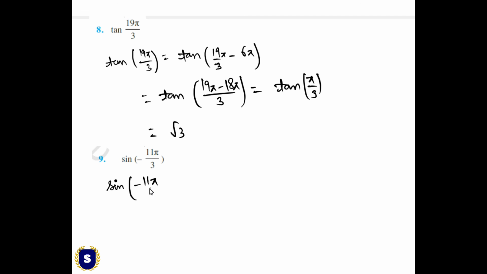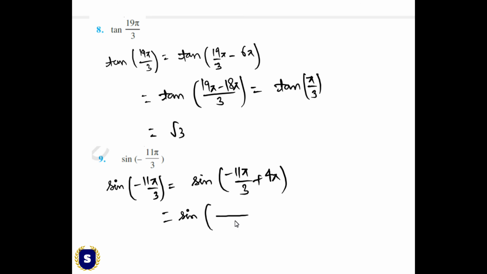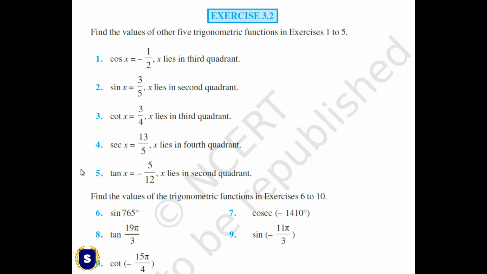Sine minus 11 pi by 3. So here I can add the angle 4 pi to bring it into the range of 0 to 2 pi. Taking the LCM, I'll get sine pi by 3, and the value of sine pi by 3 is root 3 by 2. Okay, so the last question of the exercise.